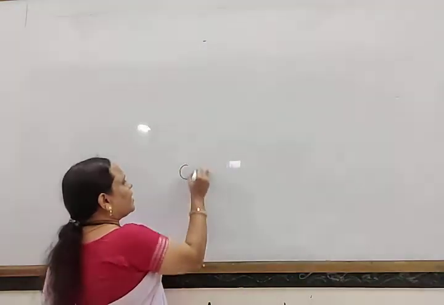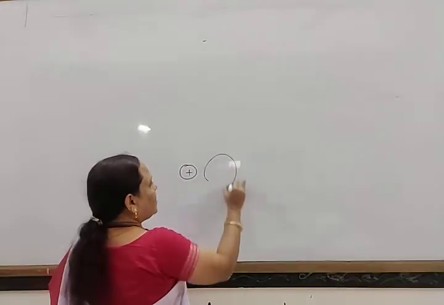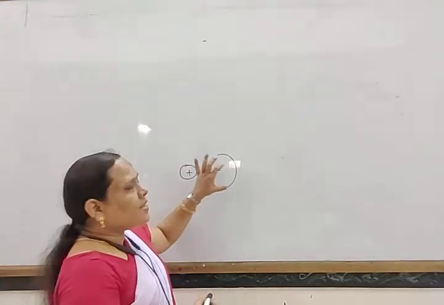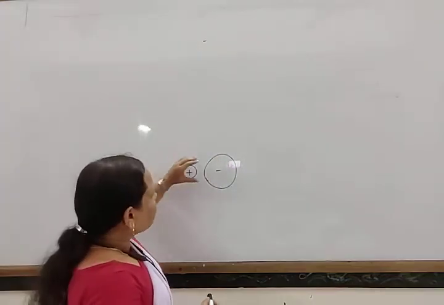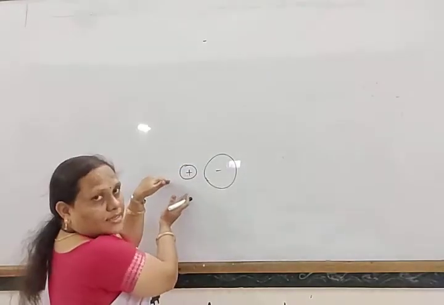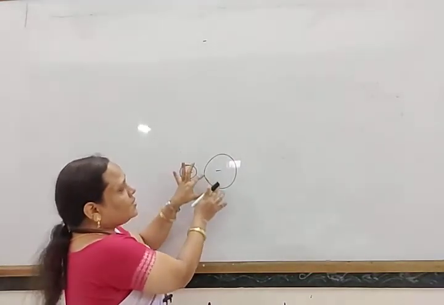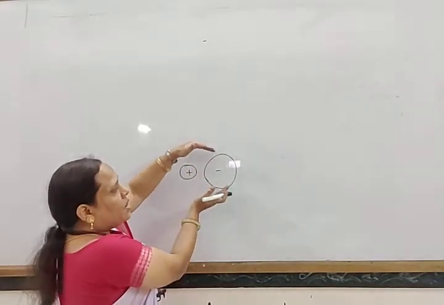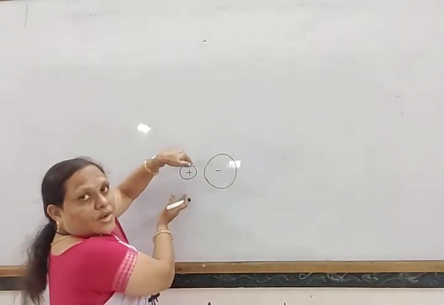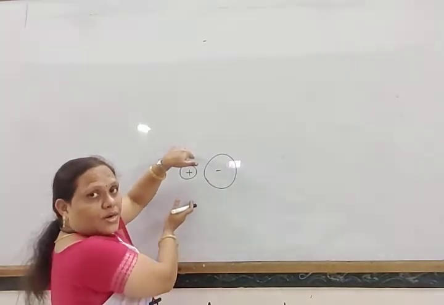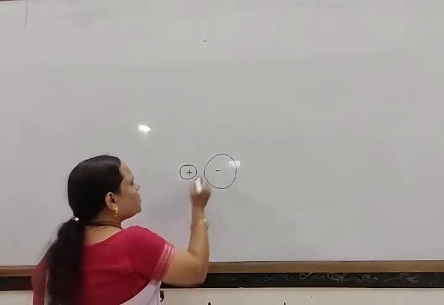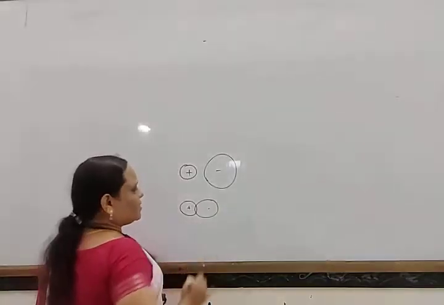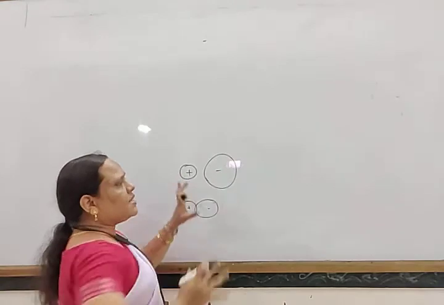Look here, the cation has a small size and generally the anion has a larger size. As the cation has a smaller size than the anion, the cation attracts the anion towards itself. This is positively charged and this is negatively charged. It attracts the negative electron cloud towards itself. As a result, some partial overlapping of the electron cloud takes place and deformation of the ion takes place.